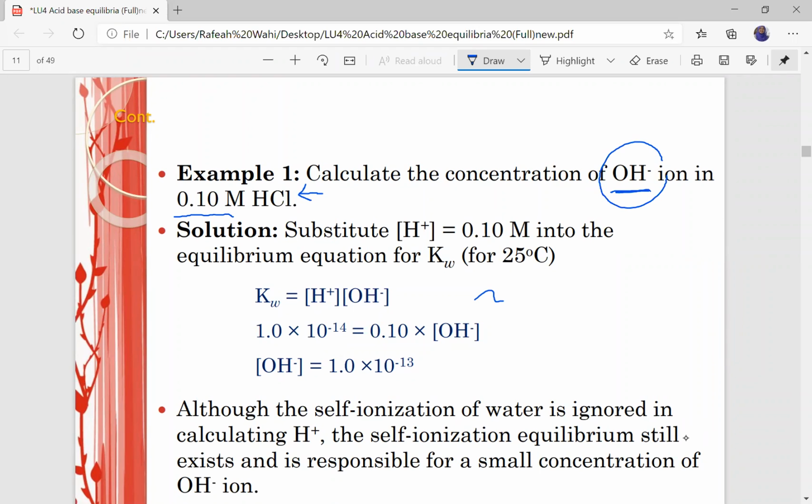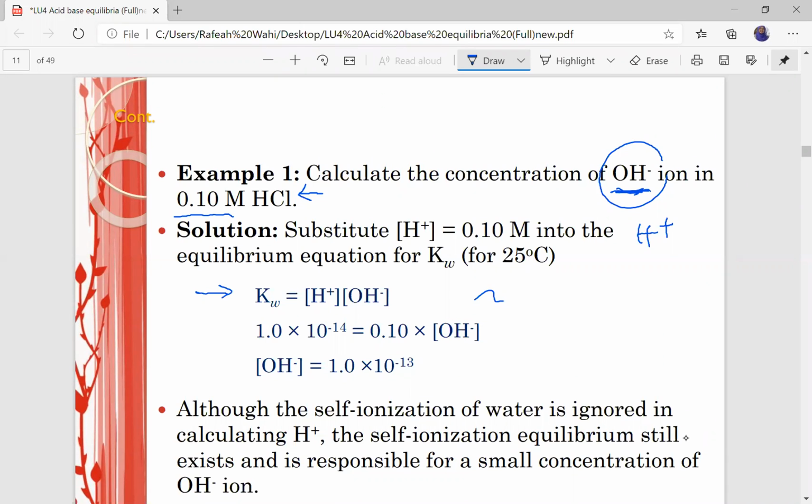So in any acid or base solution, we can have the concentration of both hydroxide ion and H plus ion.